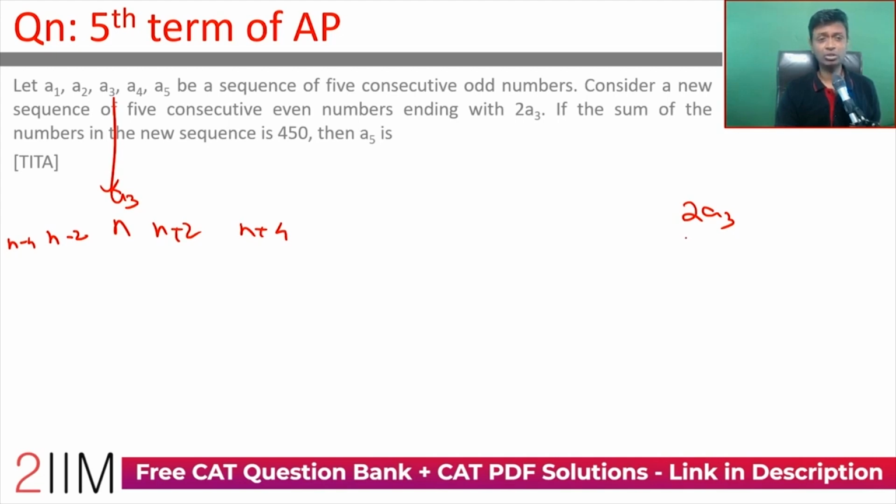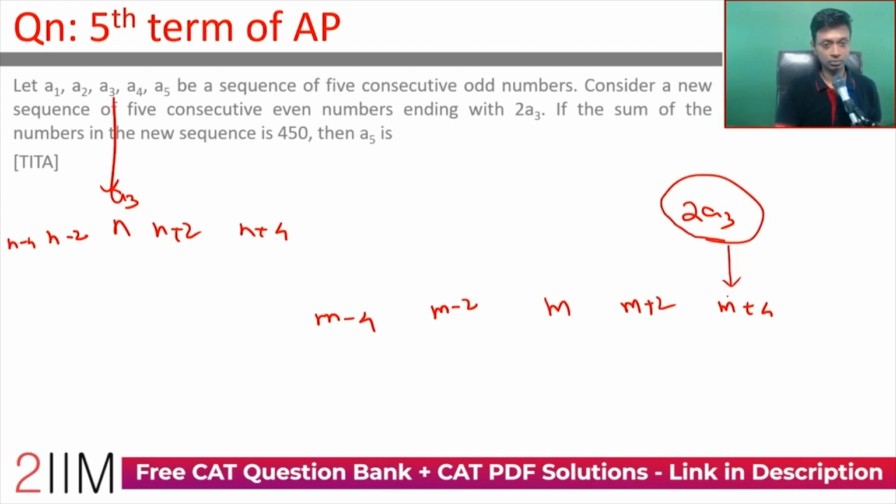If sum of the numbers in the new sequence is 450. So I'm going to think about the new sequence as m, m plus 2, m plus 4, m minus 2, m minus 4. 2A3 is the last number. That happens to be m plus 4. Fine.